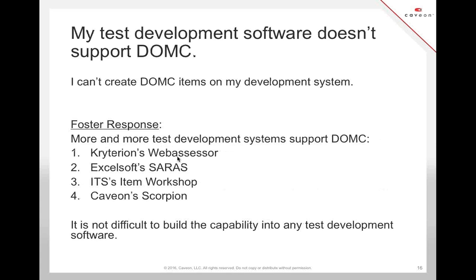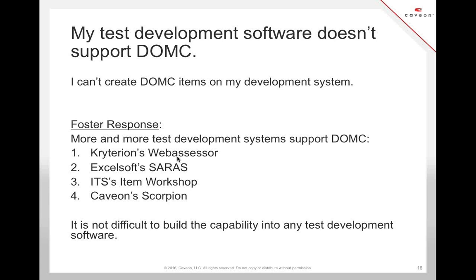That's the first one. My test development software doesn't support DoMC. That's very possible. So my response is that more systems are coming online that do support it. I mentioned Criterion's Web Assessor, ExcelSoft's Ceres, ITS's Item Workshop. We have a tool called Scorpion. In all of those, you can build DoMC items. They already support it.